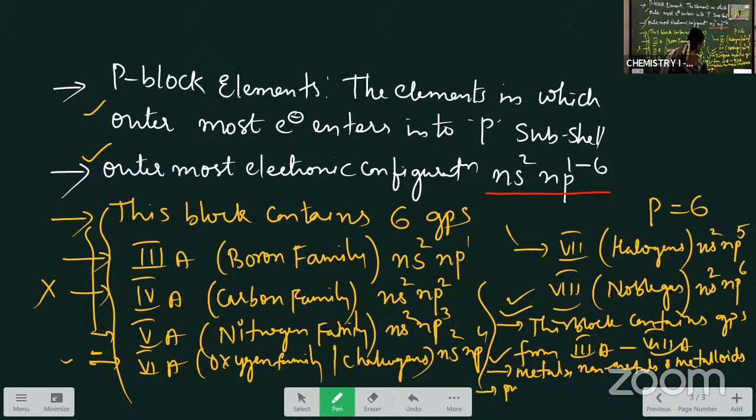They are present at the right side of the periodic table.